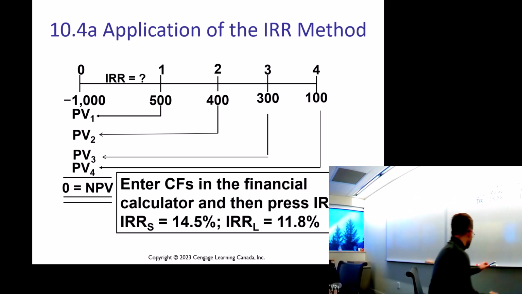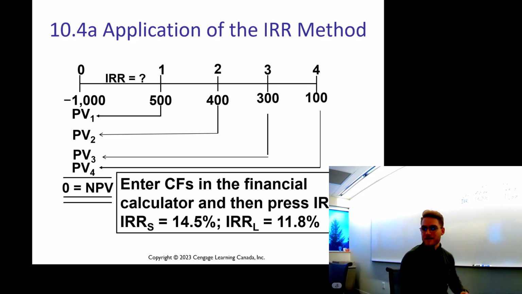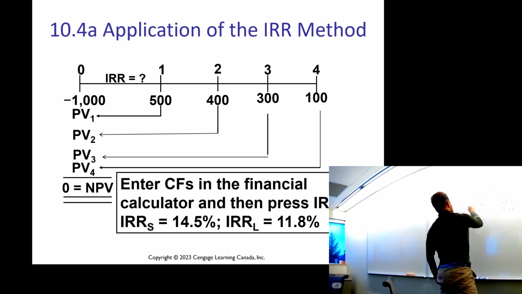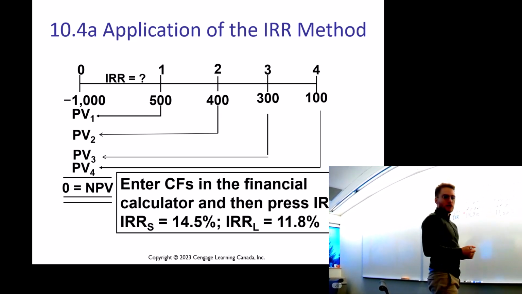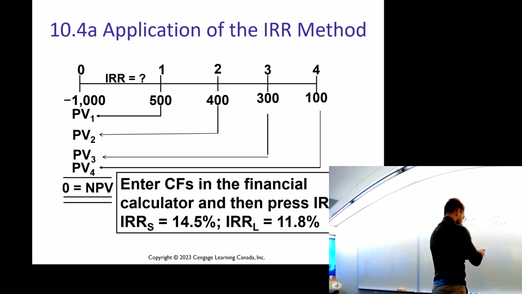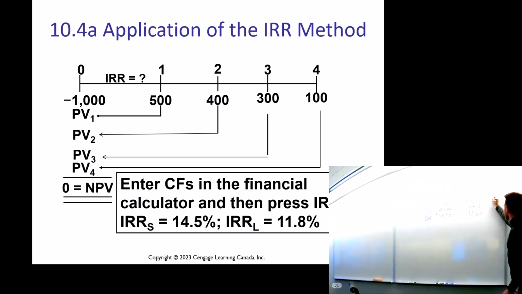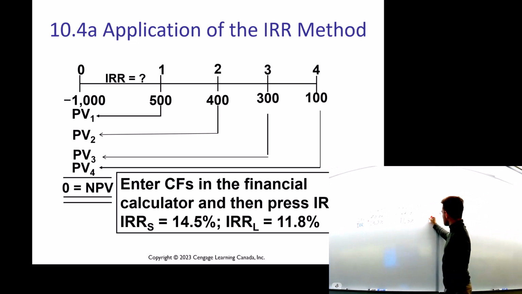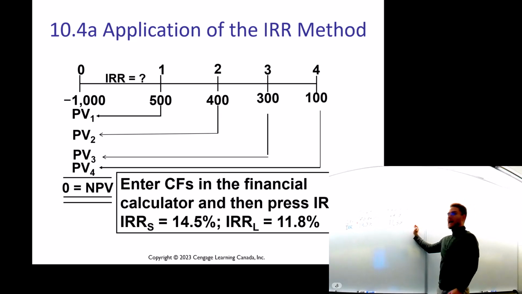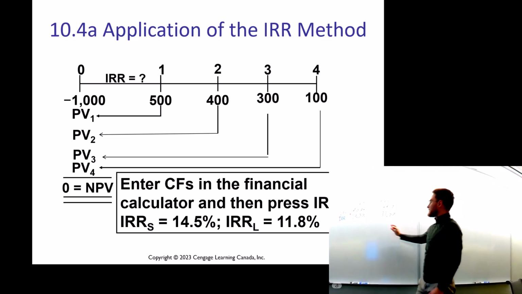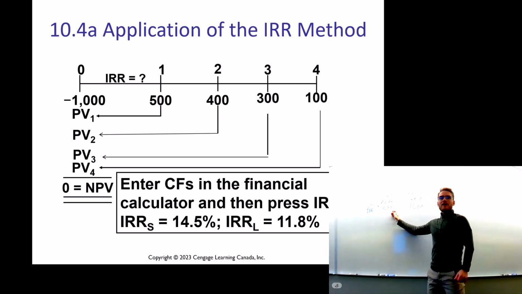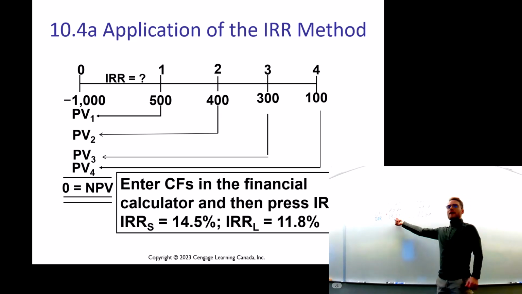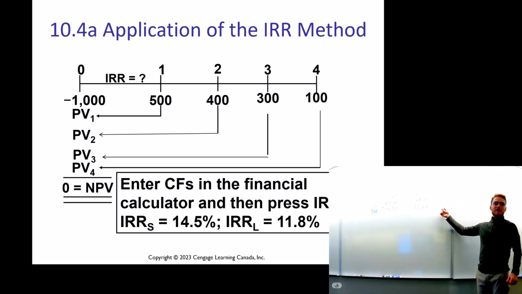Now it makes sense that project S has the higher internal rate of return because project S also has the higher NPV, right? So the general rule here is, say my weighted average cost of capital is 10%. If my IRR is higher than that 10%, that means my net present value is going to be positive because my rate of return exceeds my cost of financing the project.